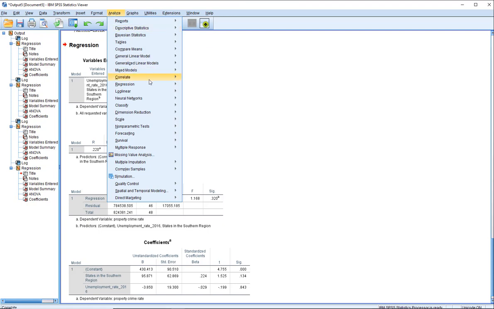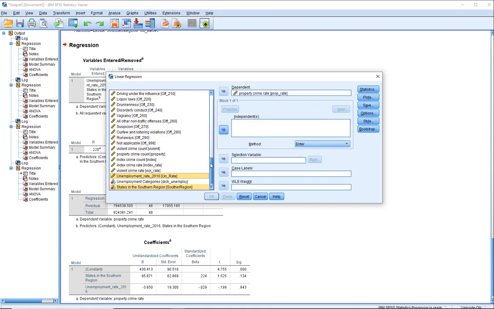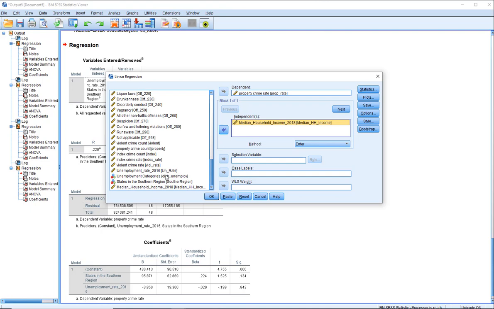I'm going to go to Analyze, Regression, Linear again. Let's put in maybe the median household income, and I'm going to put in as well the unemployment categories.